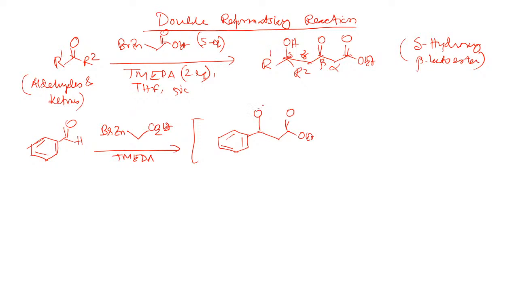All of us know that zinc is a Lewis acid, so it will coordinate to this oxygen as well as the carbonyl, and this ethylene diamine will coordinate with the zinc. So now this ester carbonyl is also getting activated. So what will happen if you have an excess of this reagent? Then you get another addition to this carbonyl.